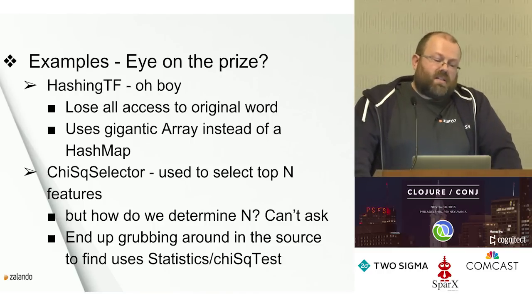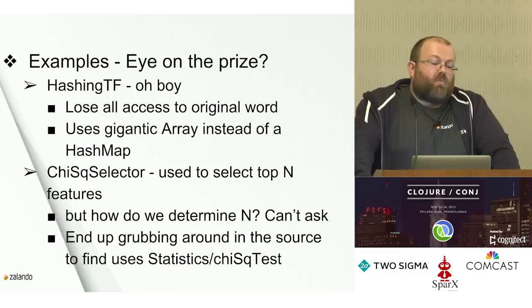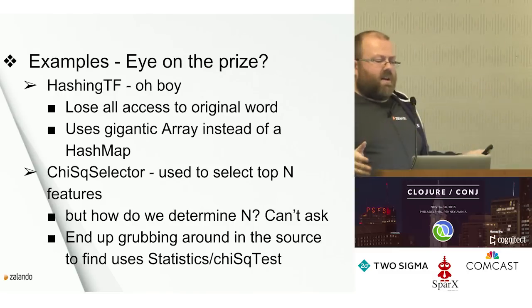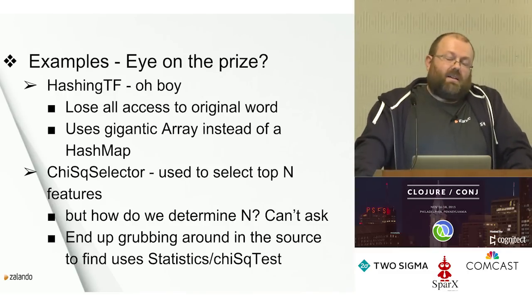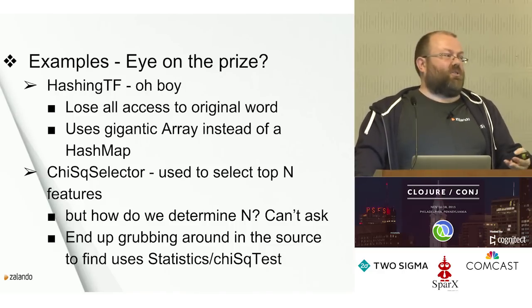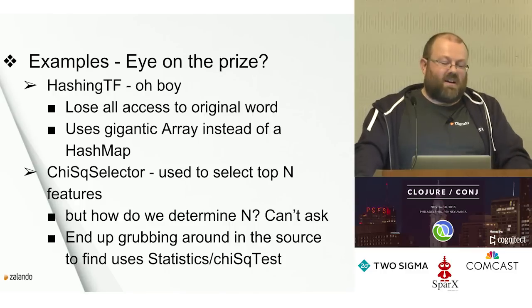Another example would be the hashing term frequency. They use this in their examples for TF-IDF. They say, use this and it makes everything great and it's so easy. But when you look at it, you can't get back to the words. You won't be able to figure out what the numbers that came out of it map back to if you're actually trying to examine your topics later.